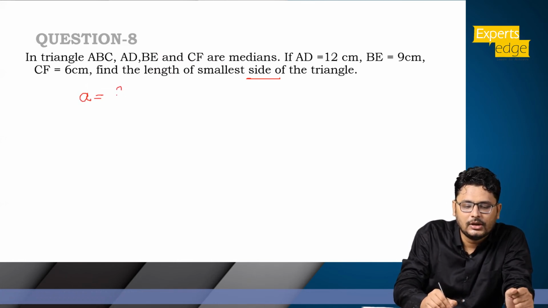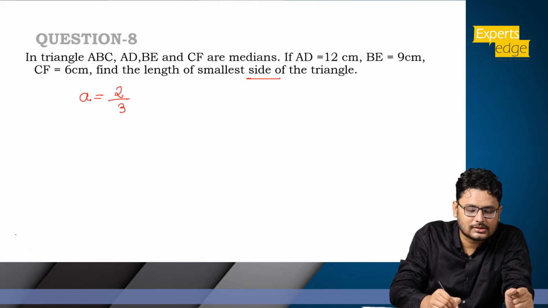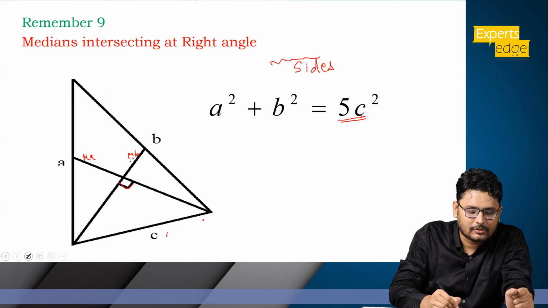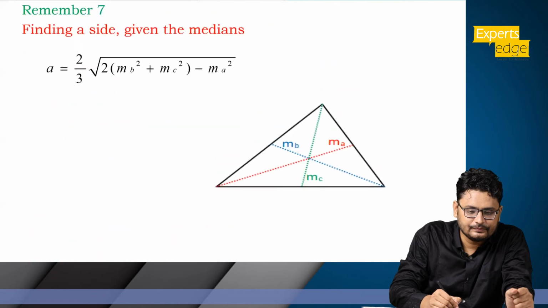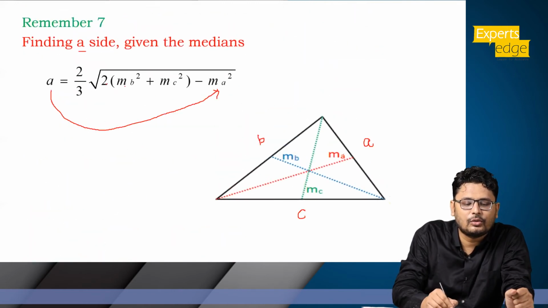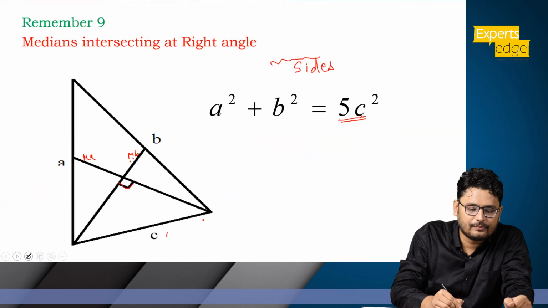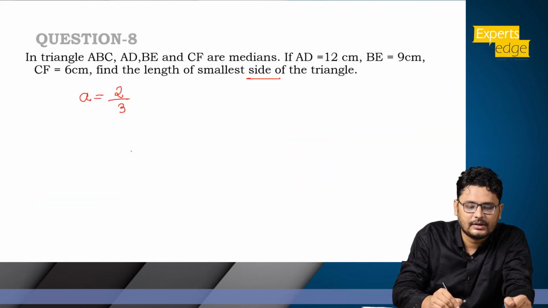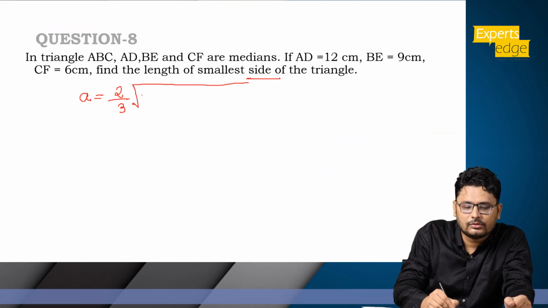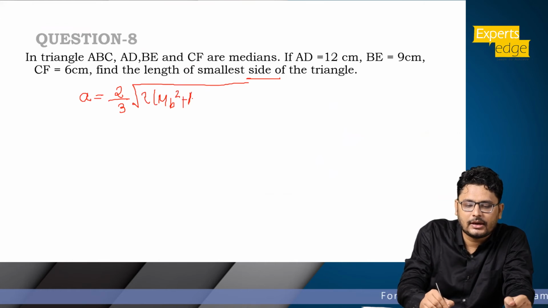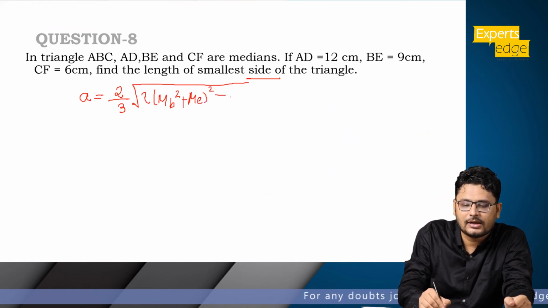A is equal to 2/3 of root of 2 times MB square plus MC square, and for the side you want, you subtract its median, right? So if I want A, it will be twice of MB square plus MC square minus MA square.